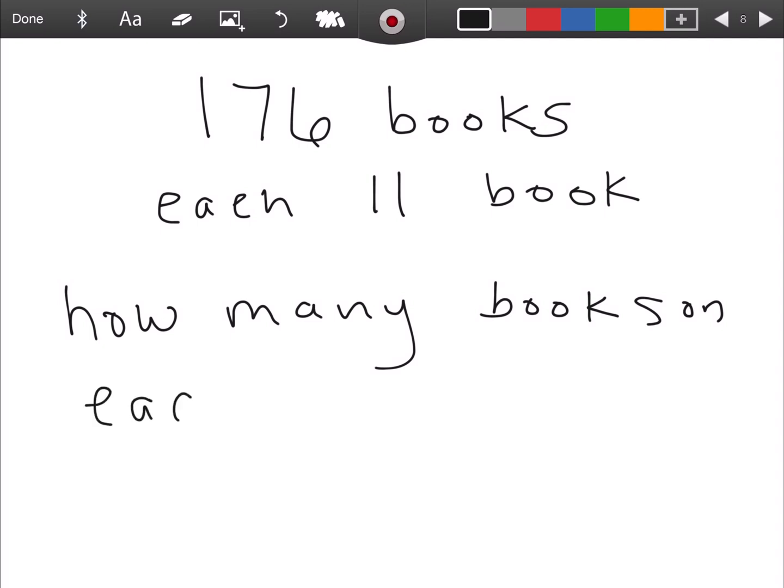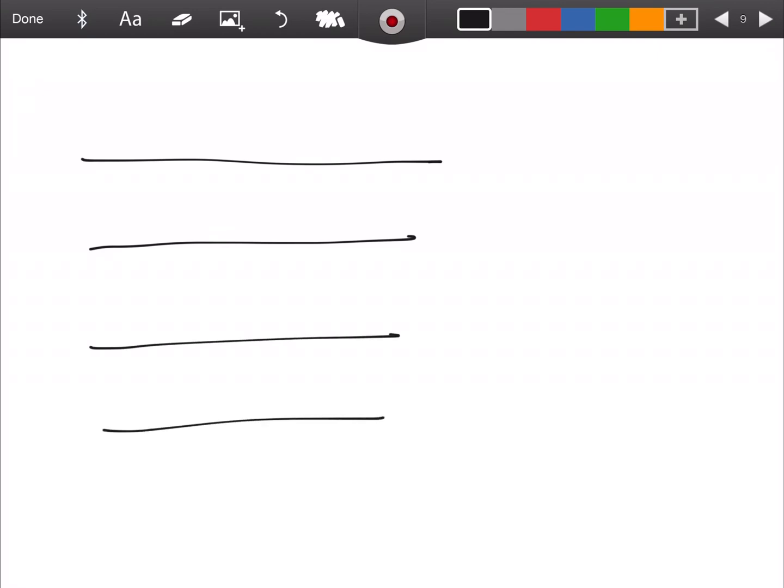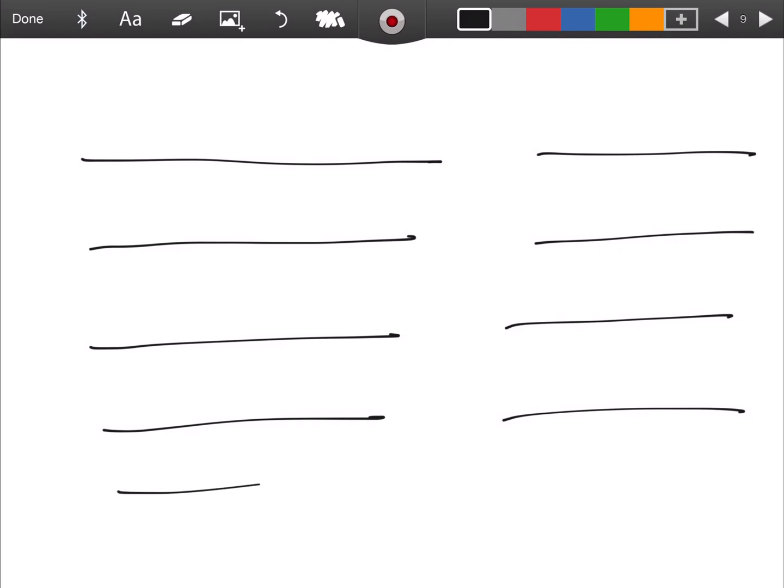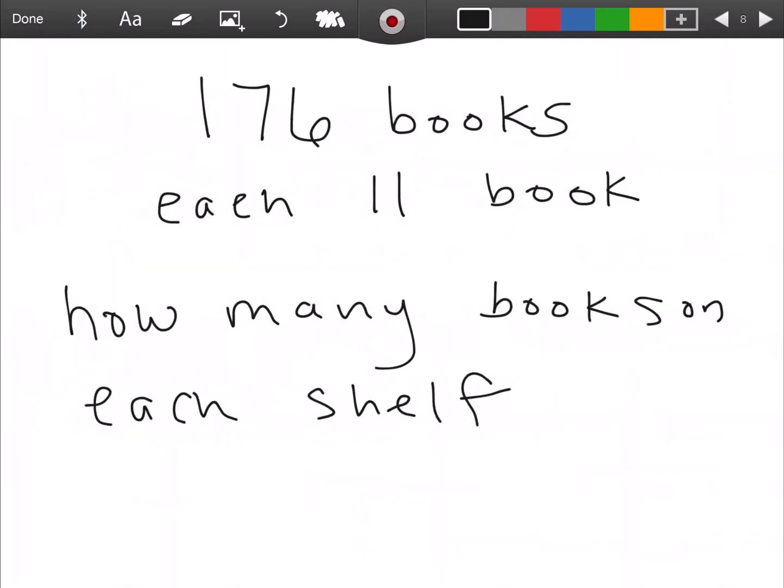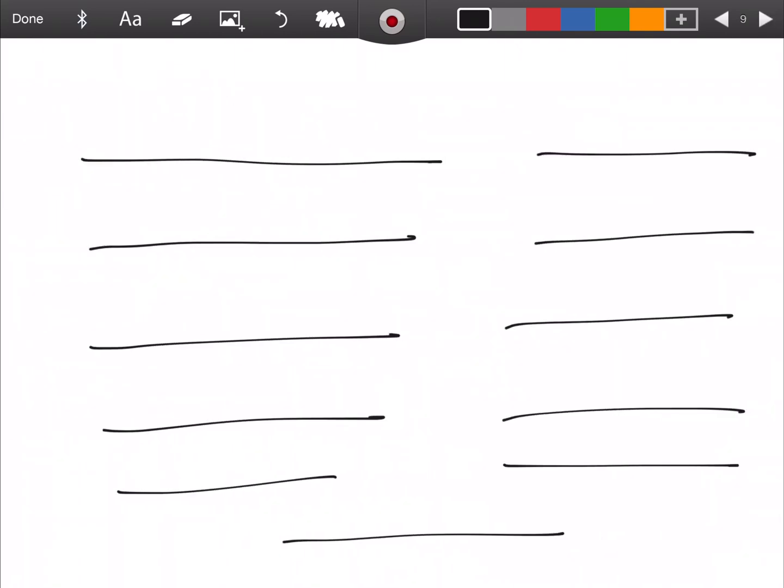And so you need to visualize what's happening there. So you know that there's going to be 11 books on each shelf.